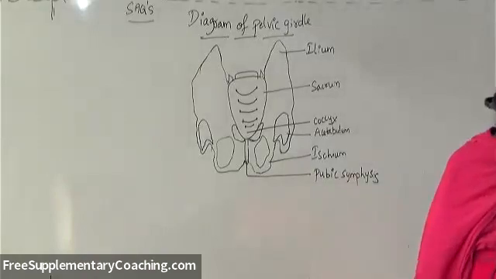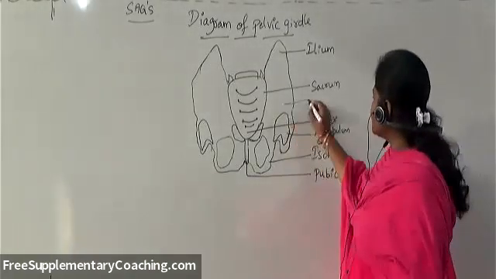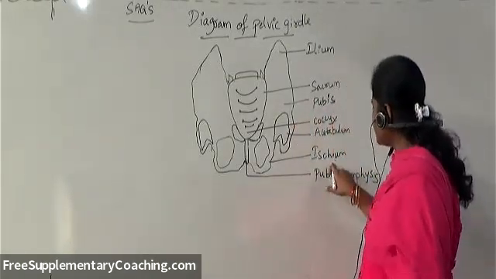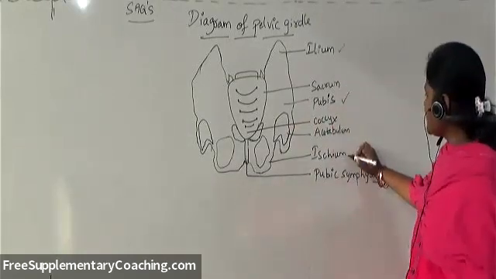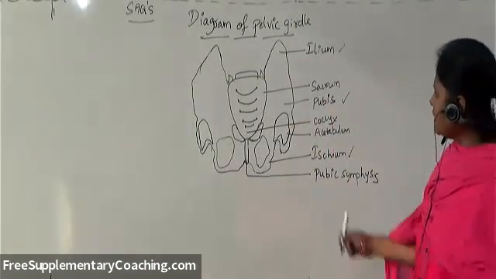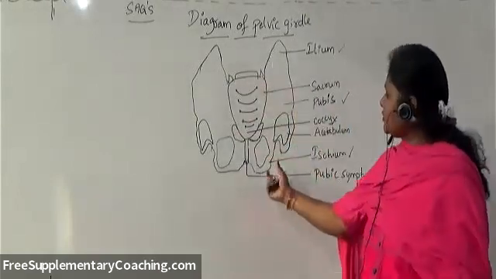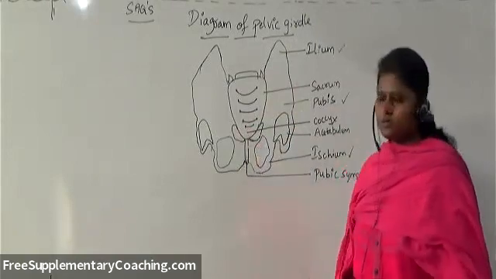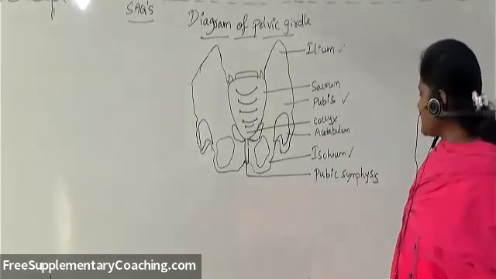So ilium, and here this is pubis, ischium. So three bones, ilium, pubis, and ischium together form a coxal bone, the right side of the coxal bone and the left side of the coxal bone. Both the coxal bones are meeting together with the sacrum ending up with coccyx, forming a structure called pubic symphysis.